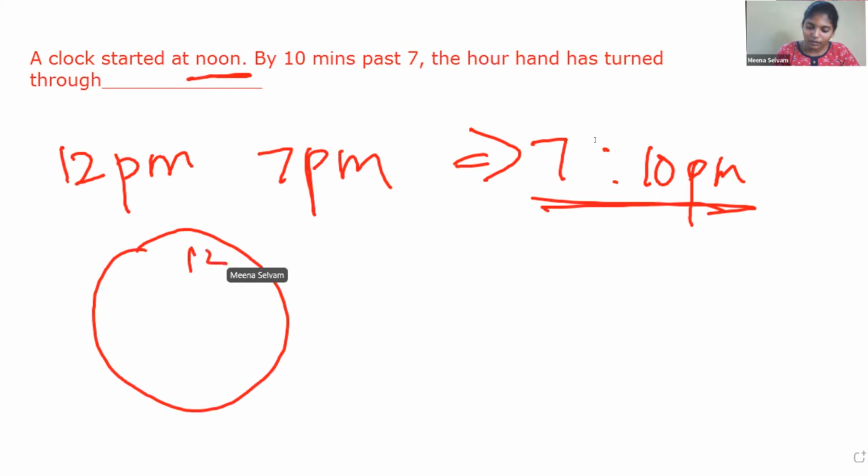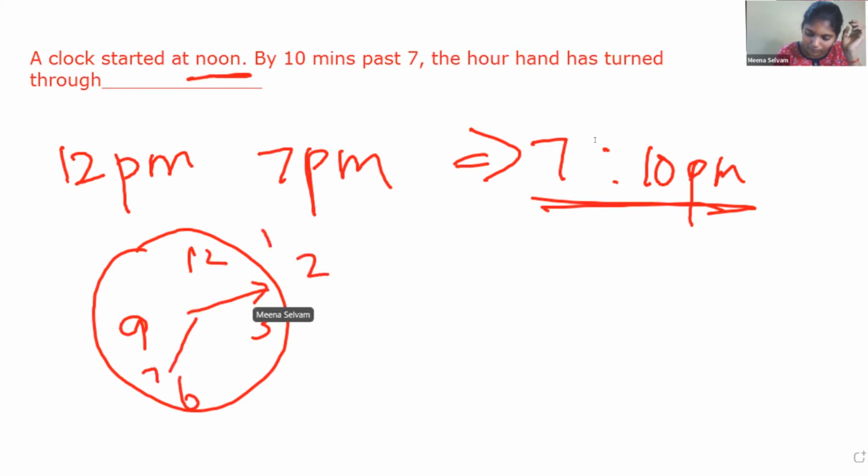So you would be finding out the hour hand's angle as well as how much it has moved for 10 minutes, and then the minute hand angle for covering 10 minutes. Subtract both and give me the answer. Work on, please. Yeah. So this is 7:10 p.m.